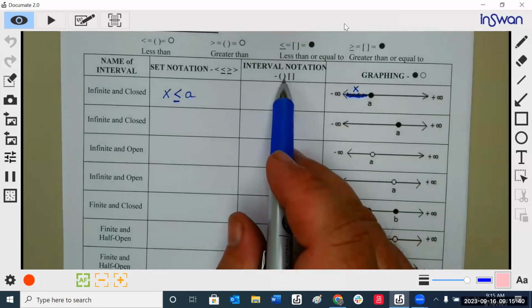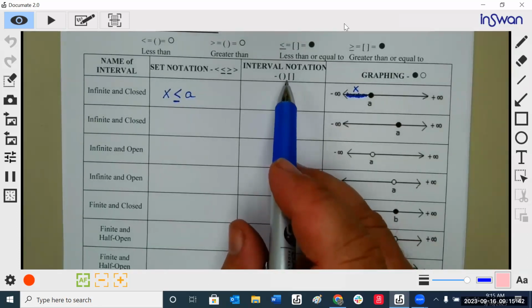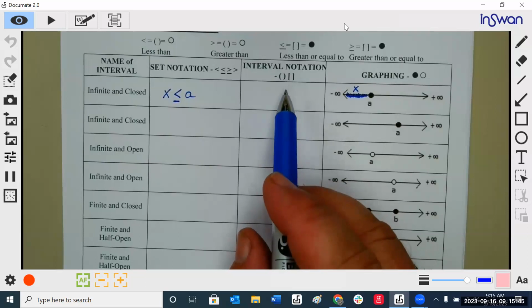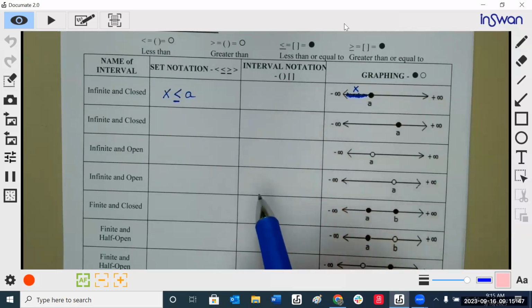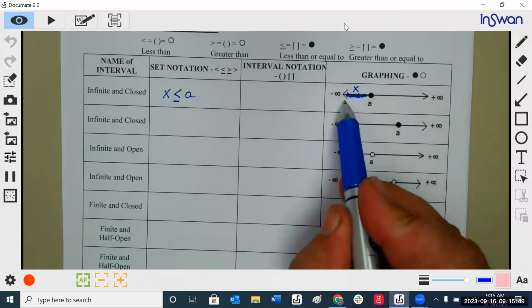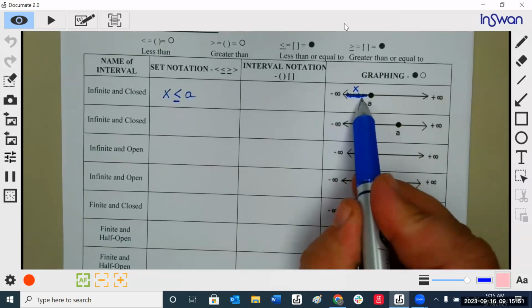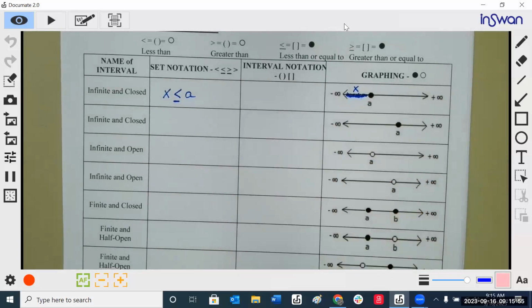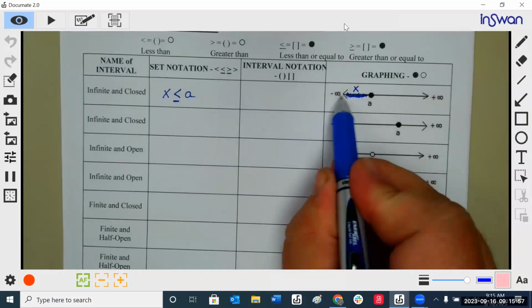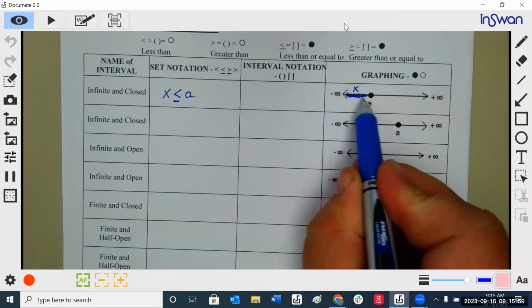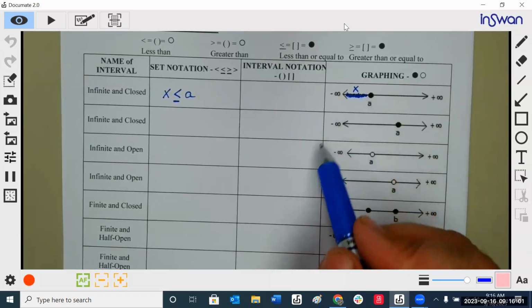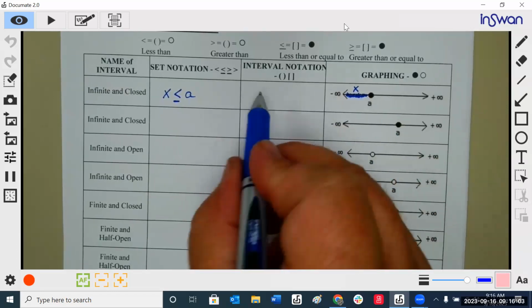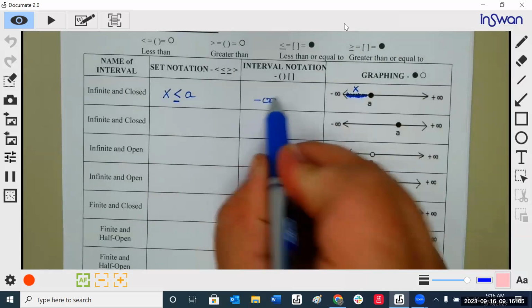Let's look at these notations. In the interval notation, the beautiful thing with interval notation is once you see what's being used, you go from smallest to largest. So what's the smallest number in the shaded region? Negative infinity.